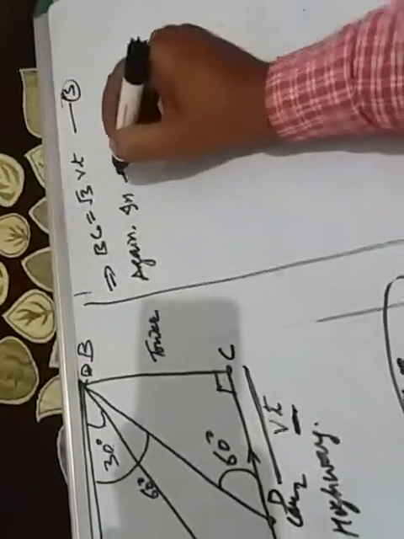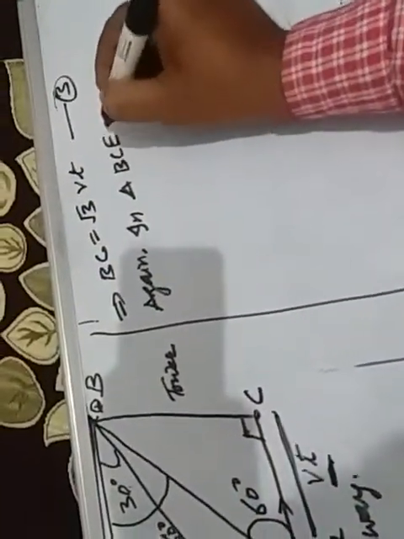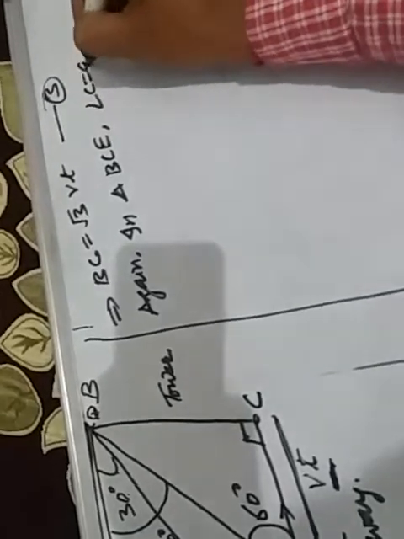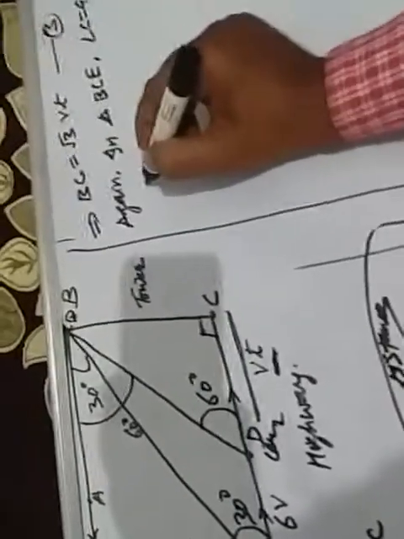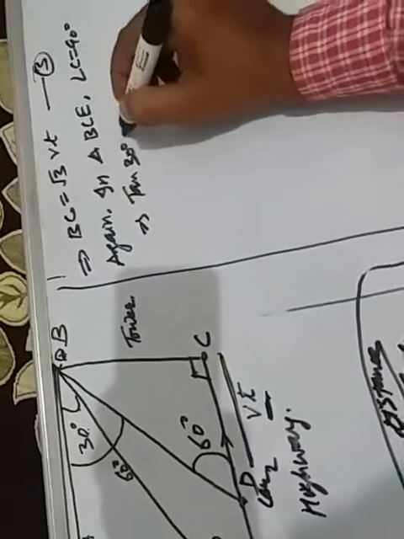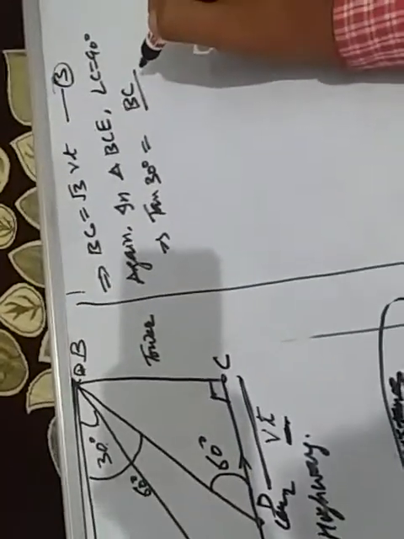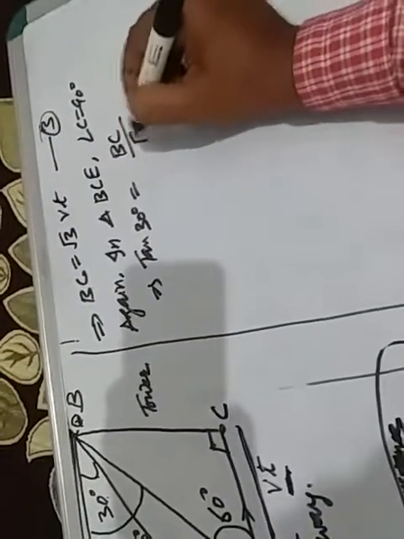Again in triangle BCE, angle C equal to 90 degree. This implies that tan 30 degree equal to BC upon EC.